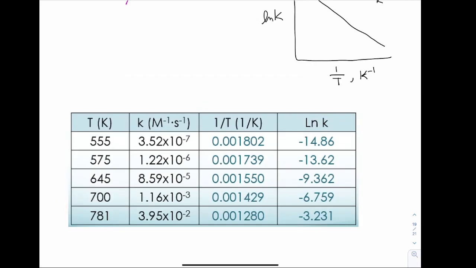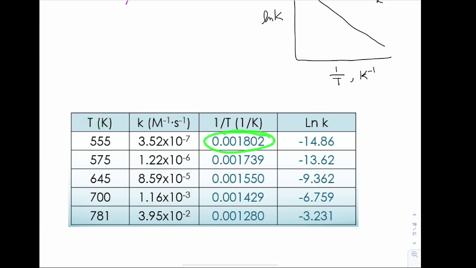So the first 2 columns are what you would be given. Our temperature, keep in mind it is converted to Kelvin here. And then the rate constant was measured at those different temperatures. So if you were in a lab, you could actually get that data. The next column, what we're doing is we're taking our temperature in Kelvin and we're taking the reciprocal of it.